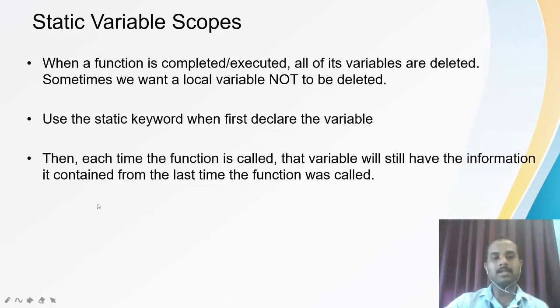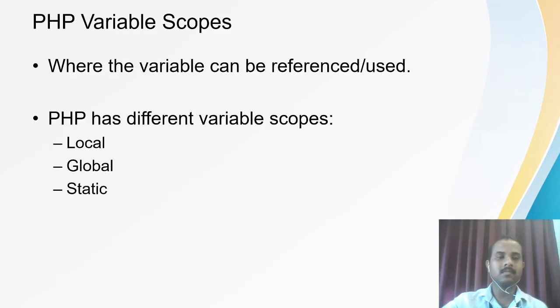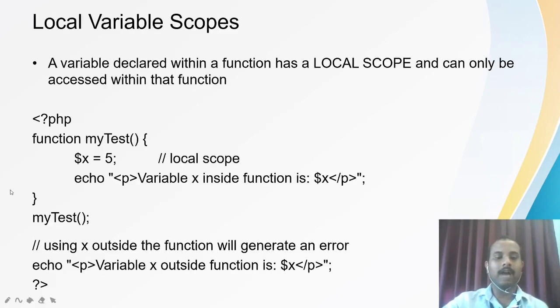Static variable scope. When a function is executed, all of its variables are deleted. Sometimes we want the local variable not to be deleted. For example, after the execution of this function, what is a local variable? $x. x is a local variable, right?